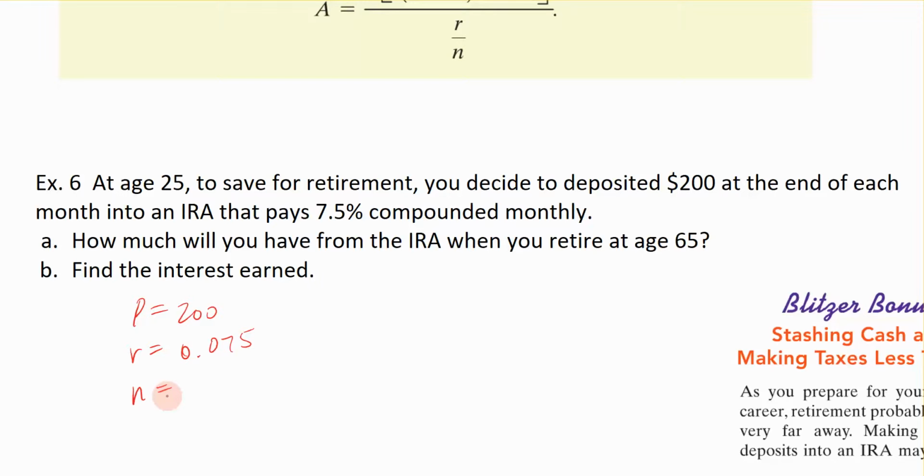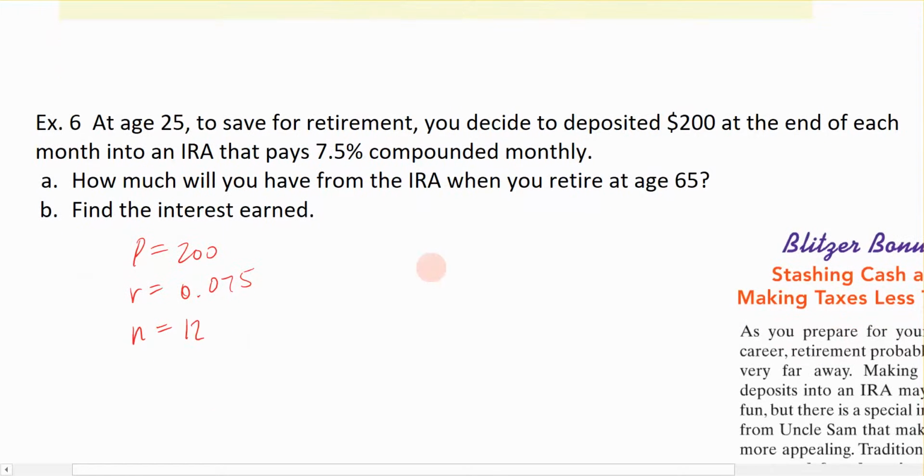There are 12 months in a year, so we're doing it monthly. So N is equal to 12. T is how long we are investing in this annuity. If I retire at 65 and I start doing it when I'm 25, that's a total of 40 years. So T would be 40.